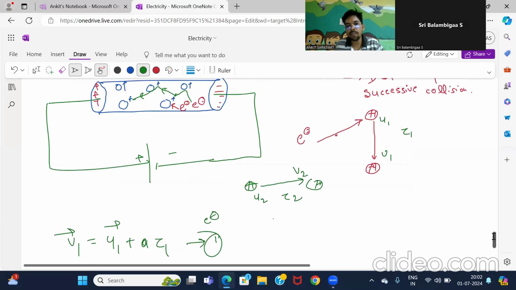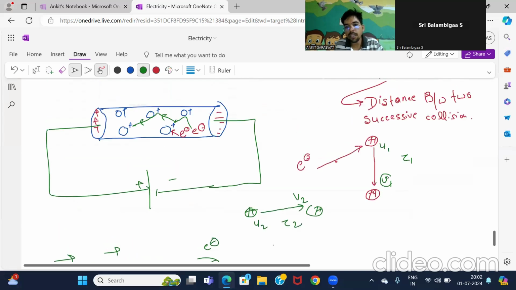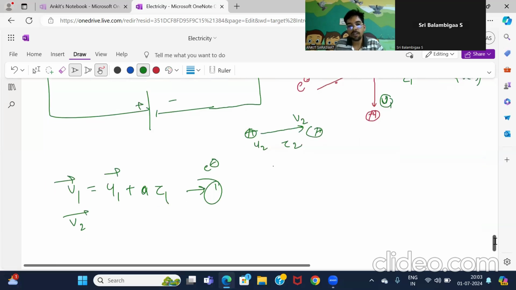By the way, what is v1? v1 means velocity before striking this kernel, before going for collision with the kernel. u1 is the initial thermal velocity. Similarly, for this electron, v2 is equal to u2 plus a tau 2, equation 2.